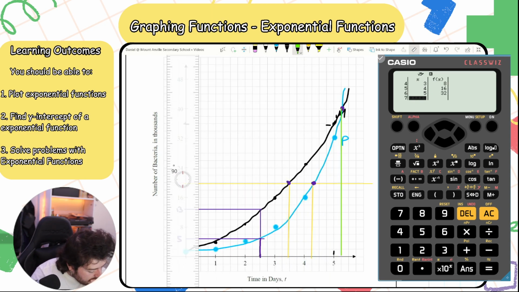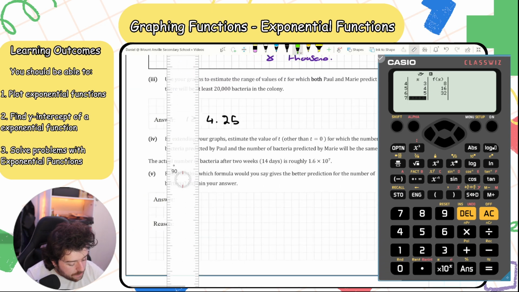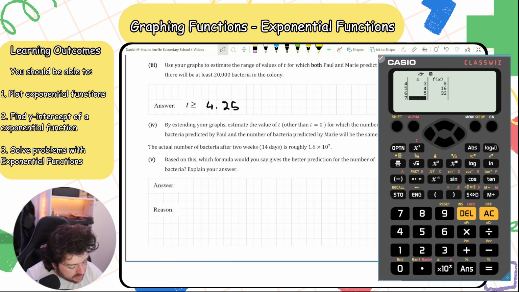It's going to be 5.25. So when t is equal to 5.25, they both have the same amount. So the answer is t is equal to 5.25 days.